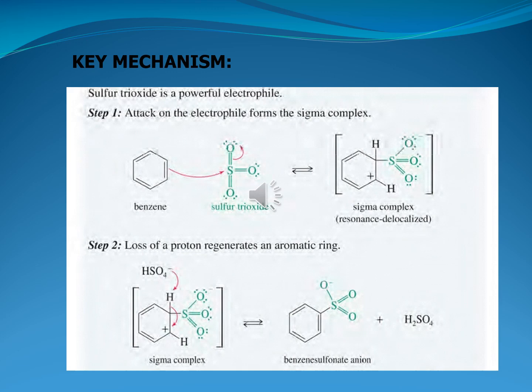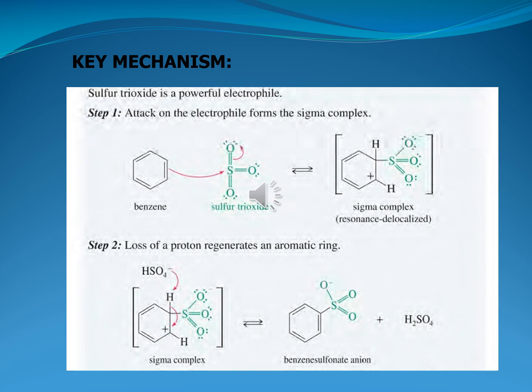In this way, sulfur trioxide becomes a powerful electrophile which can be introduced to the benzene molecule by replacement of the protons of this ring. So, in this way, we can obtain a sigma complex that can stabilize itself by resonance.